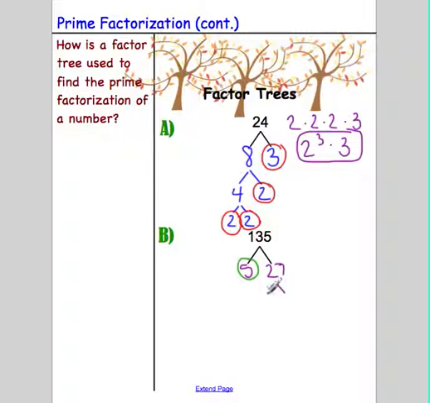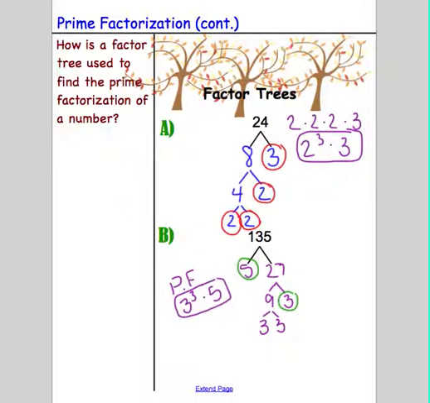Well, I know 27 is 9 times 3, and 9 is not prime, but 3 is. 9 we can break into 3 and 3. So I see I'm at the end of my branch, and my prime factorization is 3 to the third power times 5. I make sure that I have all primes in there.